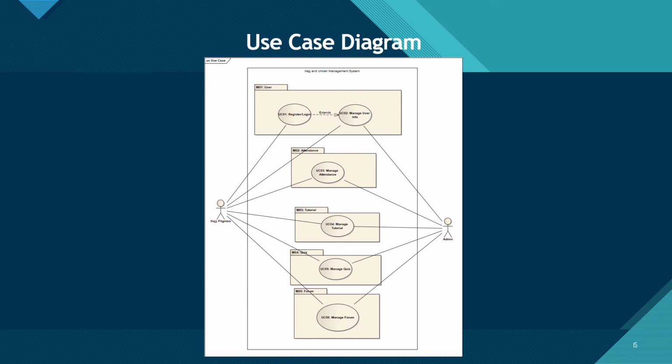The last one is use case 6, manage forum. In the forum module, the prospective pilgrim can create a forum post to ask a question to the admin. When the prospective pilgrim sends the post, the admin will see it, get the question, and can answer it.